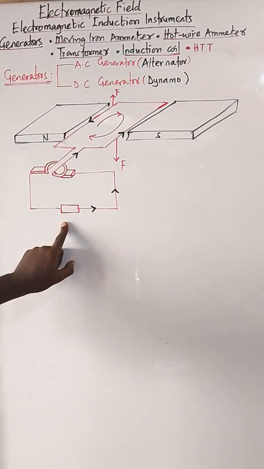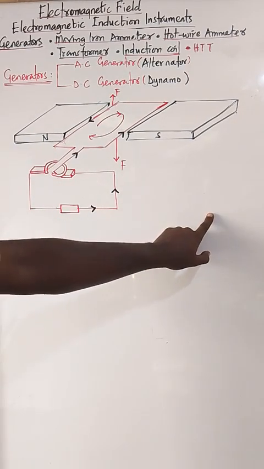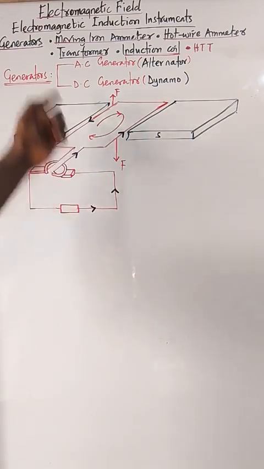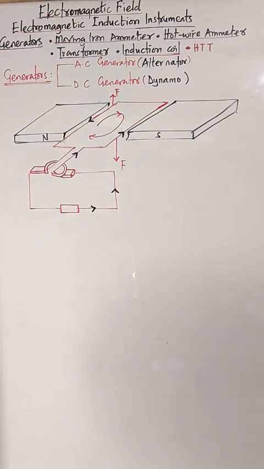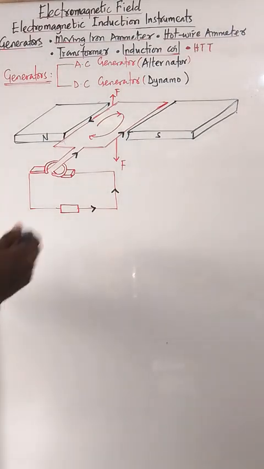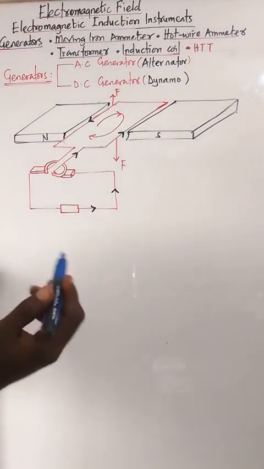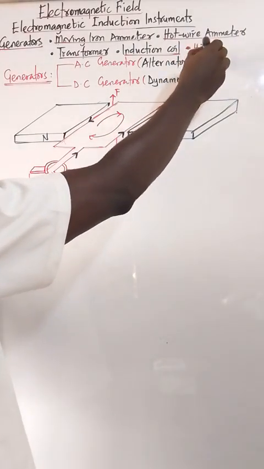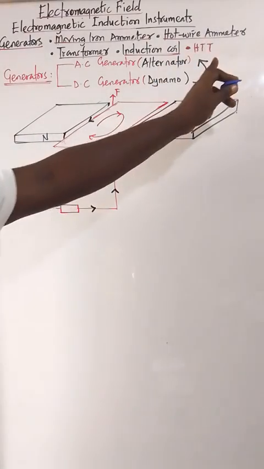Battery, a source of EMF. A motor has a battery. And unlike a motor where we generate mechanical force, here we use mechanical force to generate current. So we can convert. Note, they do ask this question very well. This generator can be converted to an AC generator, and AC can also be converted to DC.